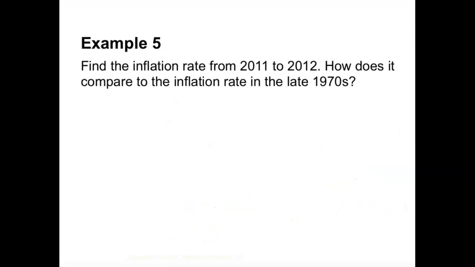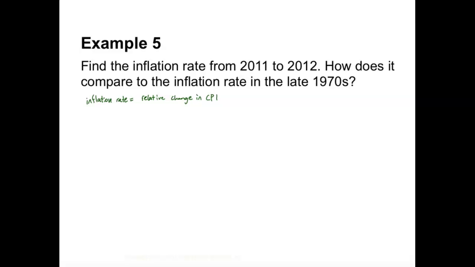Inflation rate from 2011 to 2012, how does it compare to the inflation rate in the late 1970s? So remember that inflation rate, we define that as relative change in CPI.